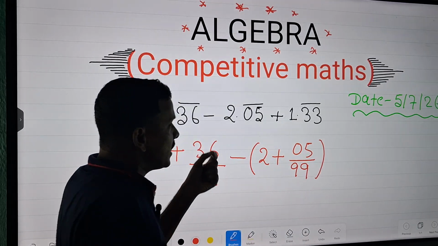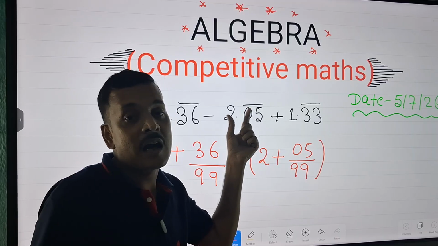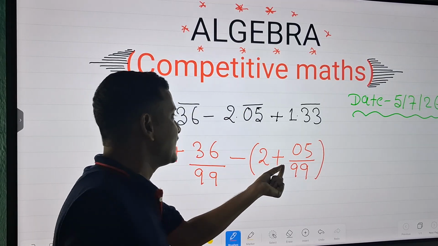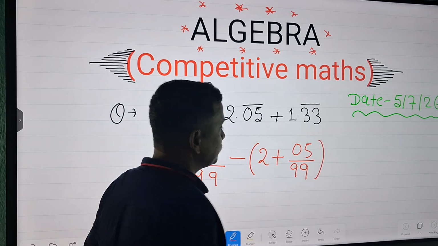Why? Because the recurring is on 2 digits and these 2 digits are repeating again and again. That's why I have written 9 for this.